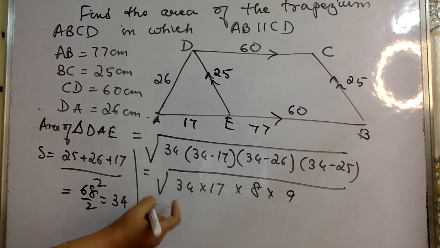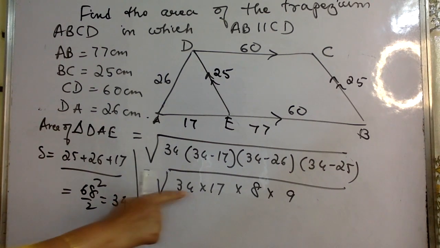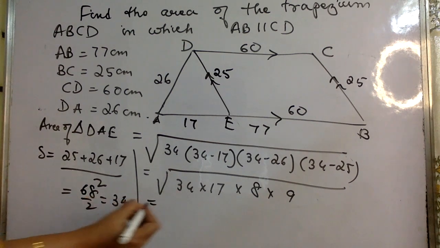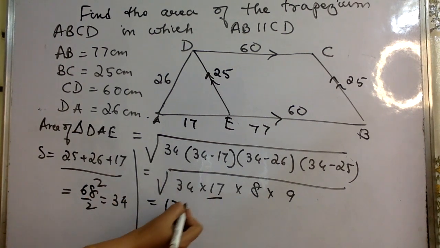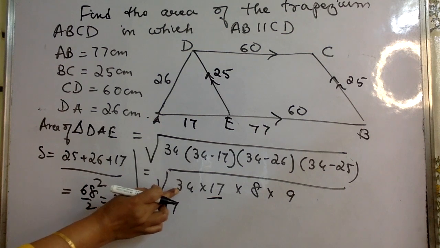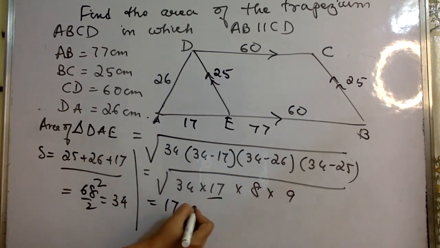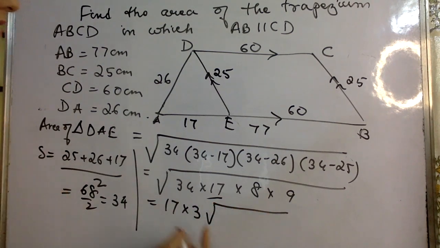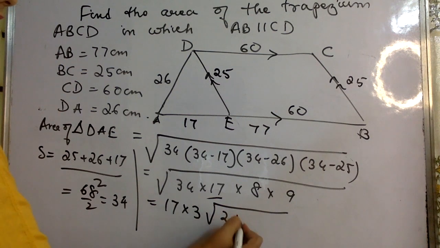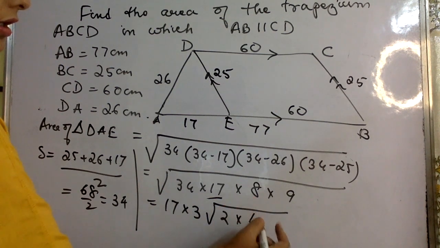Now I can see clearly that there is a 17 here. That means it is 17 into 2, so I can take out 17 once. One 2 is left from here. And then from the 9 I take out 3 once. What am I left with? I am left with a 2 from this 34 and I am left with 4 into 2.